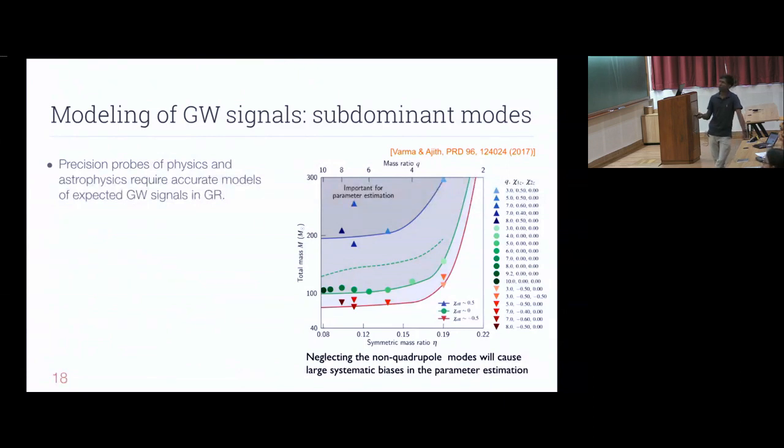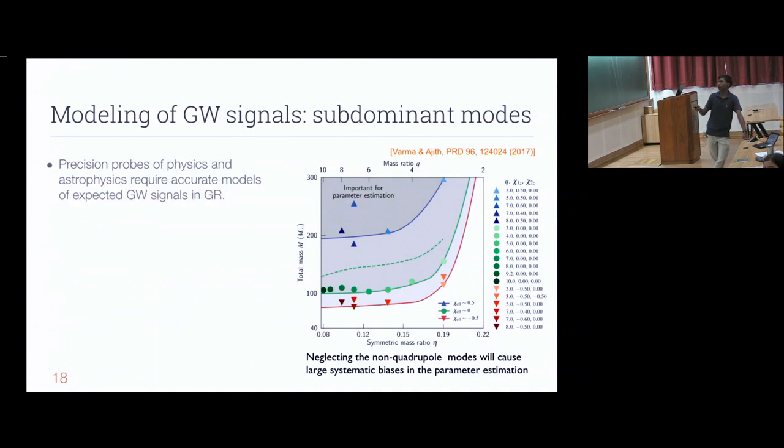As I mentioned, this gravitational wave has a multipole structure. The dominant mode is the quadrupole mode, and what I have shown here is that the shaded region is where higher modes, other than the quadrupole mode, are necessary to do accurate parameter estimation of binary black hole mergers.